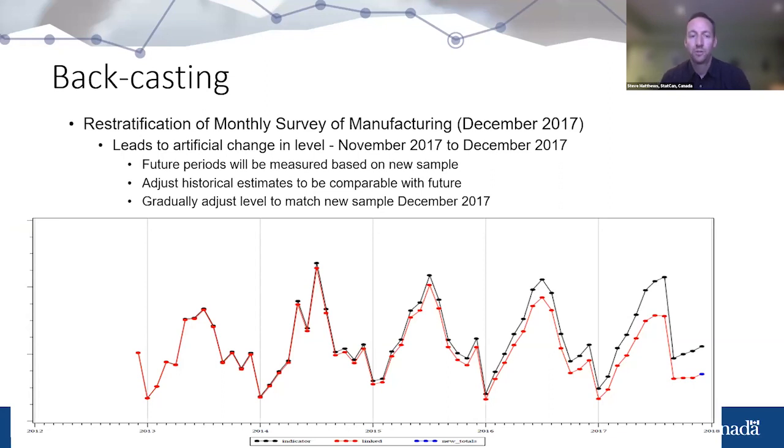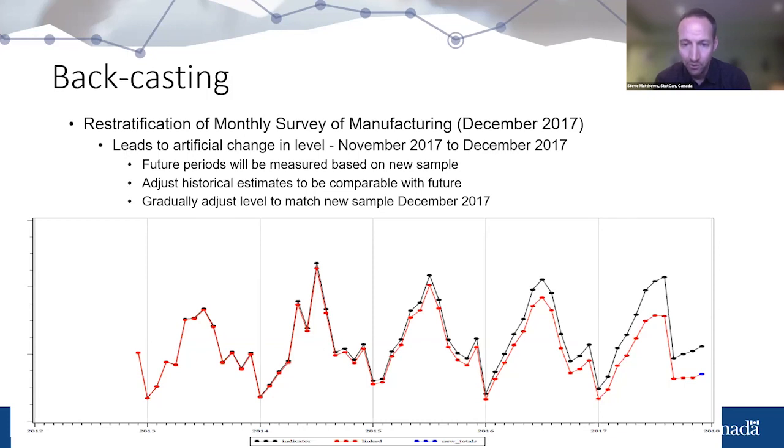So if we were to just put the historical black line together with the blue dot, which will become a blue line going forward based on the new sample, we'd see this sharp drop between November and December of 2017, and we feel that's artificial. And the reason we feel that's artificial is we've actually collected the old sample for December of 2017, which is the final black dot.